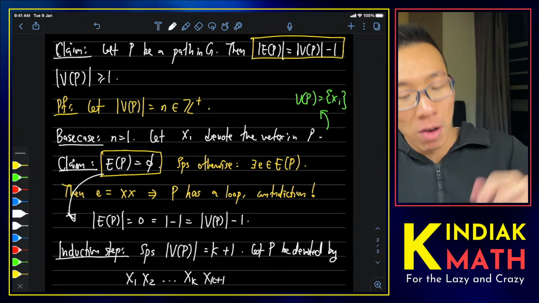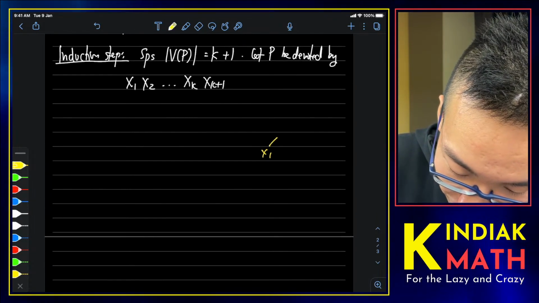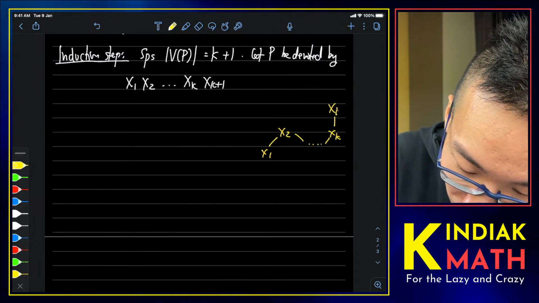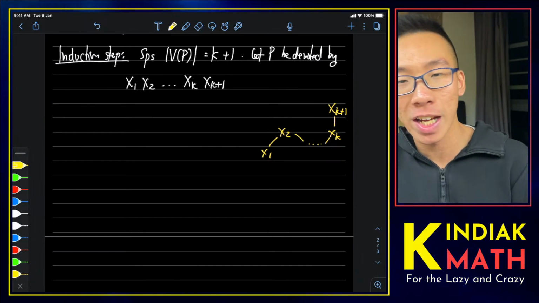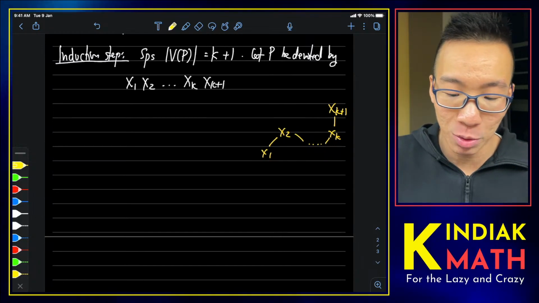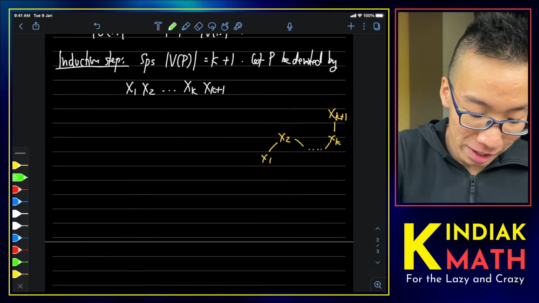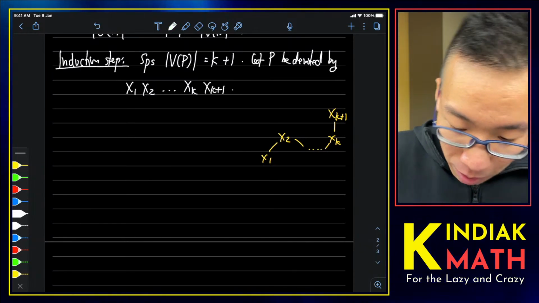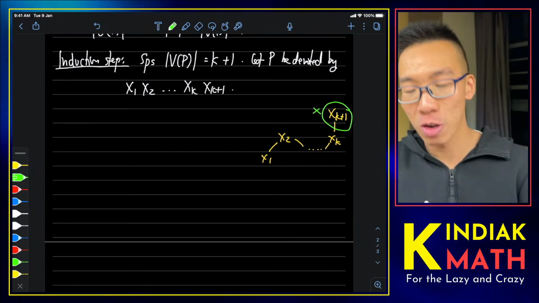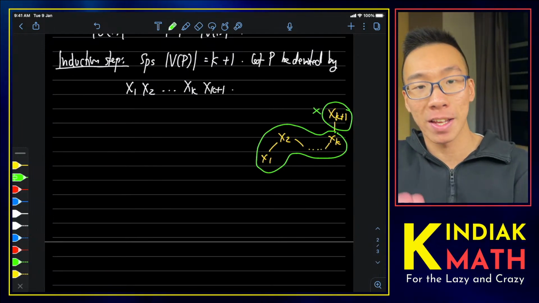And this is all really symbolic, so I like to visualize this as follows. And try to ask myself, what can I do in order to take advantage of the induction step? In other words, how can I convert a path of length k plus 1 into a path of length k? Well, the idea is to basically chop it up and consider what remains as a path of length k.